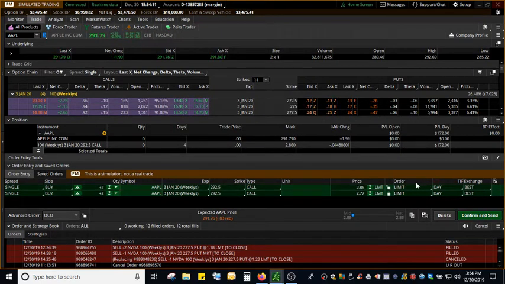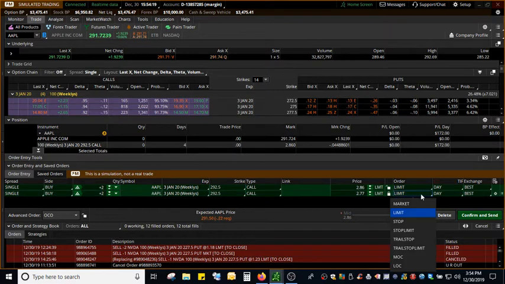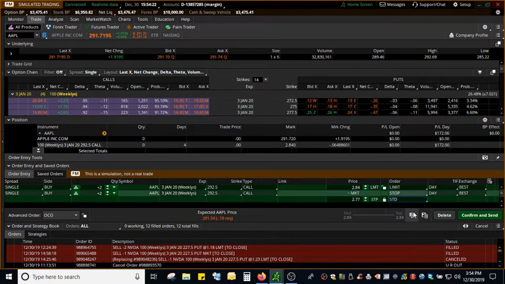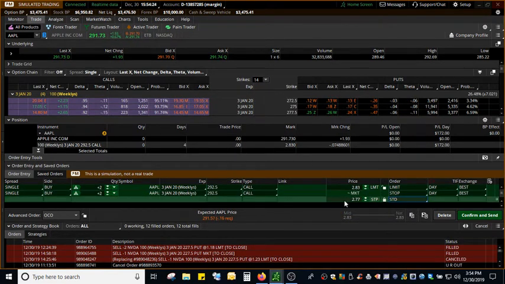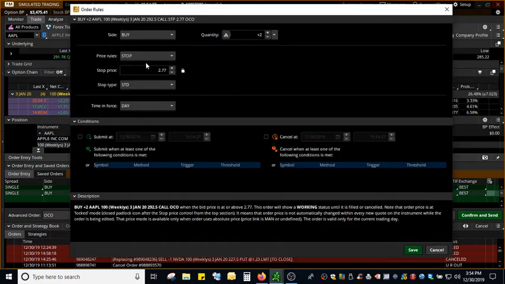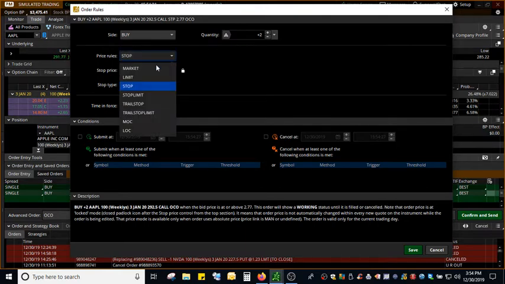So now you have an order to sell, let's say 3 of your 5, if it closes below the green line. And then this one here, you're going to do stop on, you do the same thing. I'm not sure about this here.